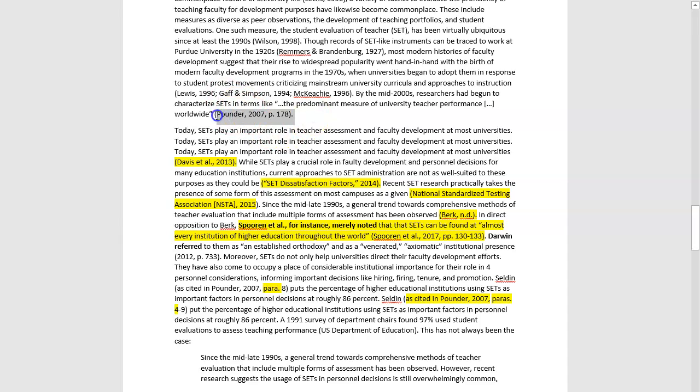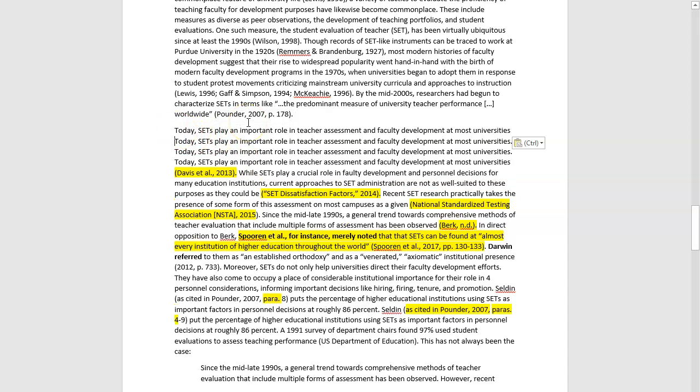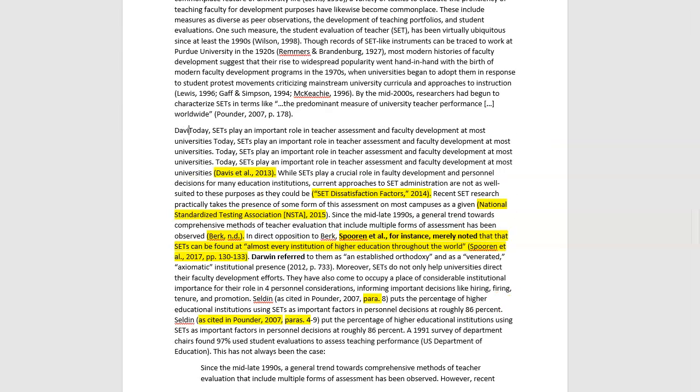So people know the information preceding this came from Pounder, and they can safely assume that all of this information up to the citation comes from Davis. It is just a little bit clearer, however, if you go ahead and put in the signal phrase.